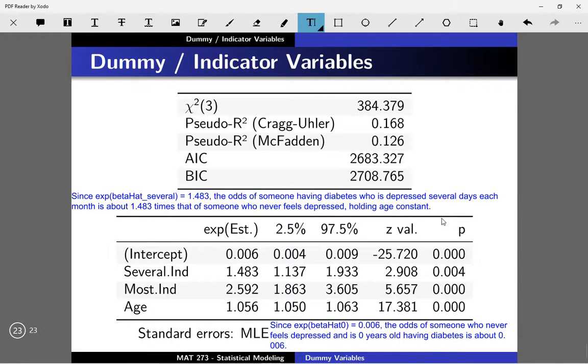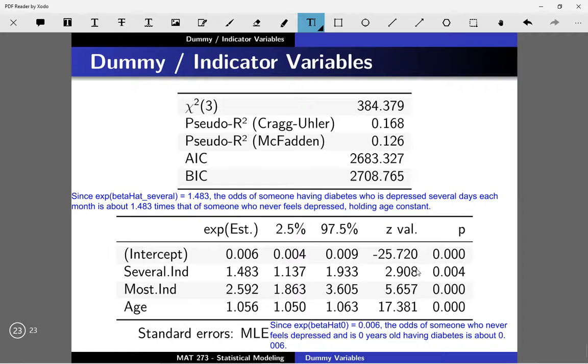So in this case, odds of someone age 0 who never feels depressed, that's the reference category. When these are 0, that's very small here. So very unlikely, which is sensible. That makes sense, that a newborn's not very likely to have diabetes at all.